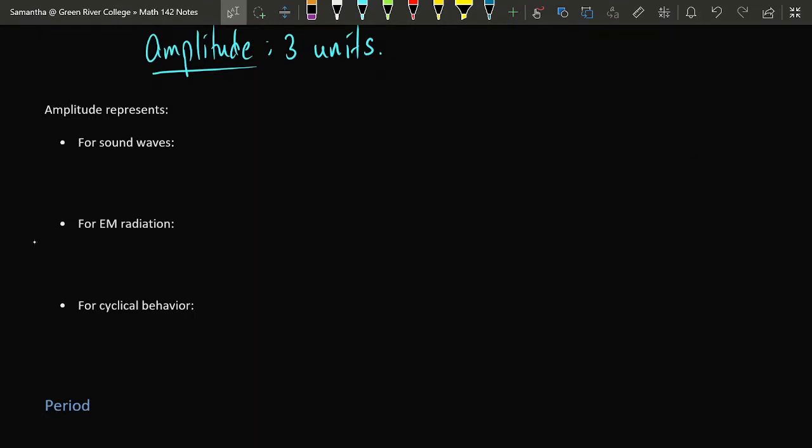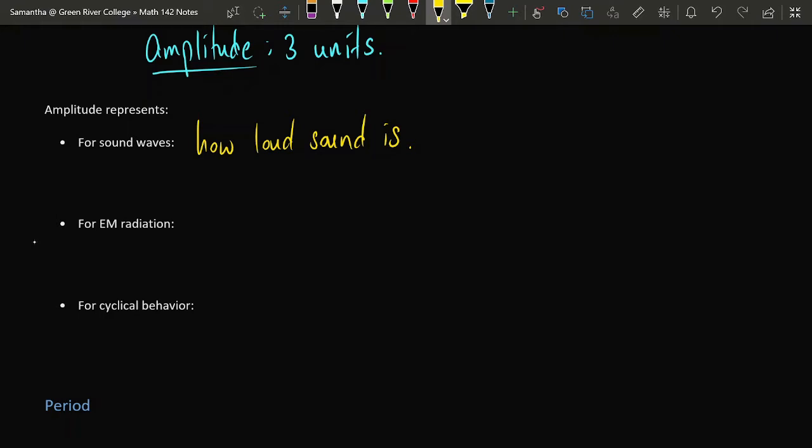Now, in terms of physical waves, the amplitude can have a couple of different meanings depending on what kind of wave you're working with. For example, if you're dealing with a sound wave, the amplitude represents how loud the sound is. If your sound wave has a larger amplitude, then you will perceive that wave as being louder. If it has a smaller amplitude, then you will perceive that wave as being more quiet.